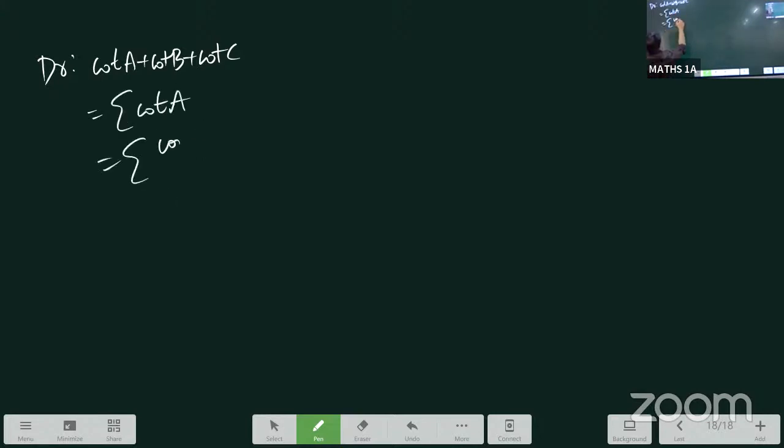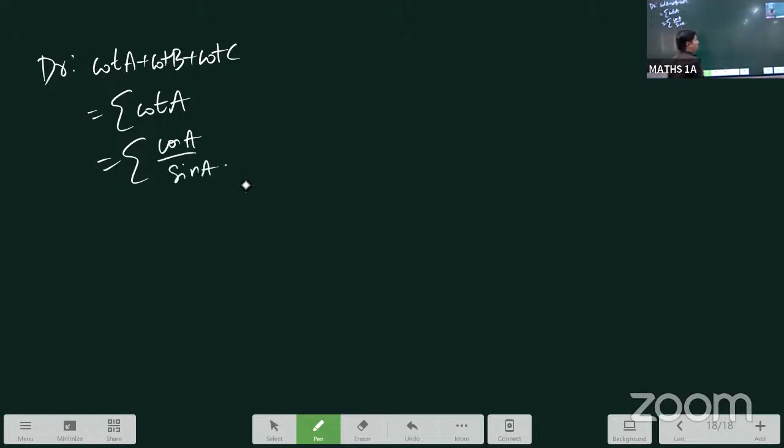Next, take your denominator. That is cot A plus cot B plus cot C. The denominator is cot A plus cot B plus cot C, which is nothing but summation cot A. Can I write cot as cos A by sin A?